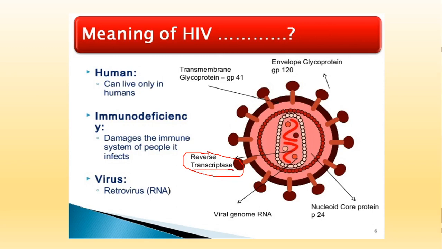And that is possible only in the presence of the enzyme reverse transcriptase, which is present in some viruses that we call retroviruses. So the unique property of retrovirus is the presence of reverse transcriptase. This retrovirus, HIV, infects humans to cause AIDS. In the coming slides, we will see the life cycle, how it does so.